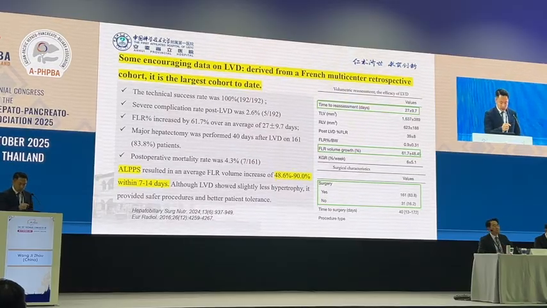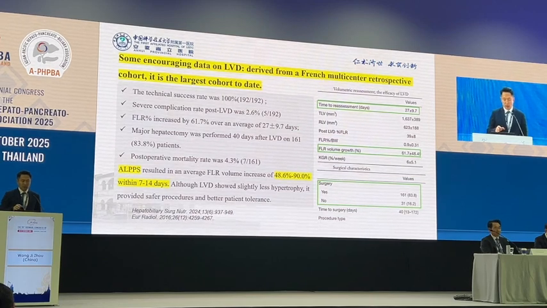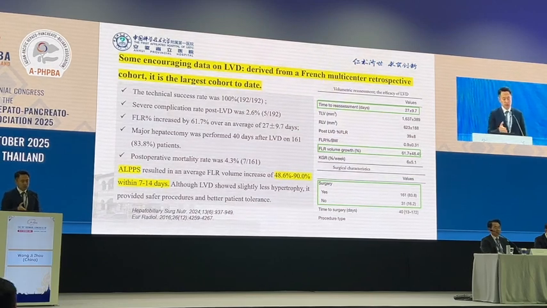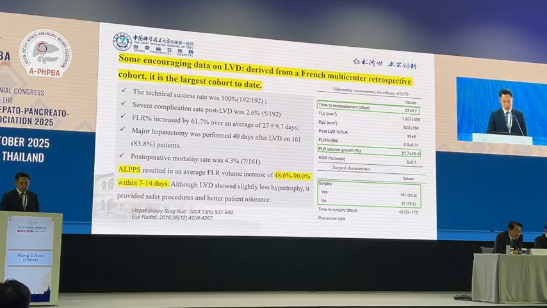So at this time, I want to introduce this very encouraging data on LVD. To our knowledge, it is the largest cohort in the world. The data shows the technical success rate of LVD was almost 100%.